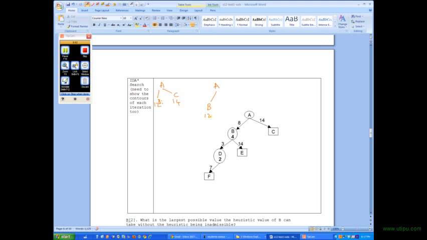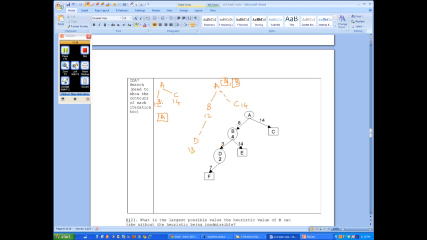Okay, so in this case, you expanded A once already, and here you are again doing depth first search. So you expand A and you expand B. When you expand A, you get C back again, which is 14, and when you expand B, you will get D, which is 8 plus 3, 11, plus 2, 13.